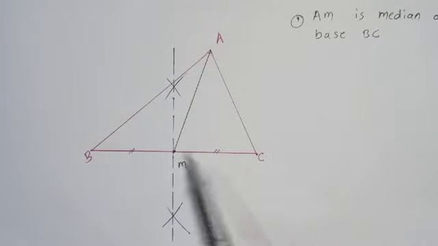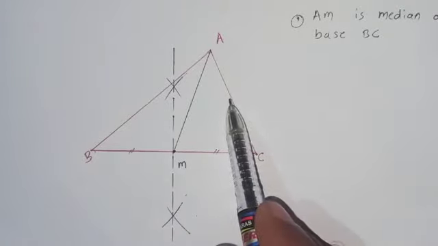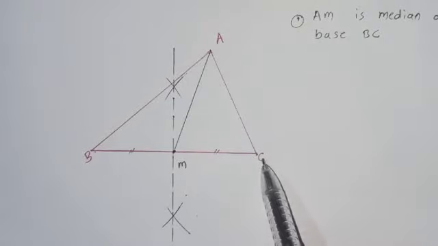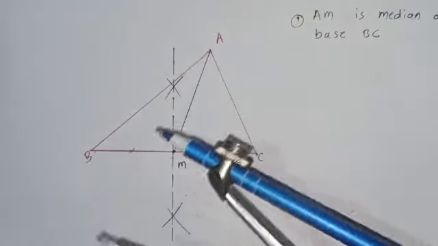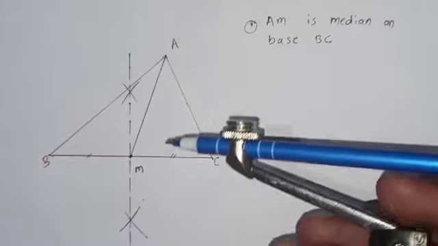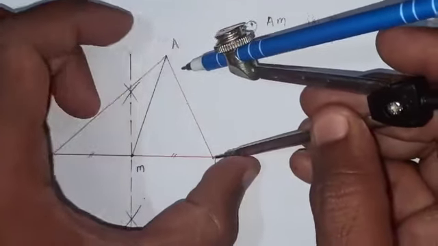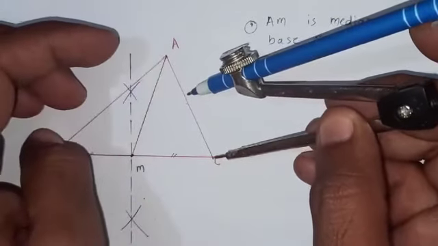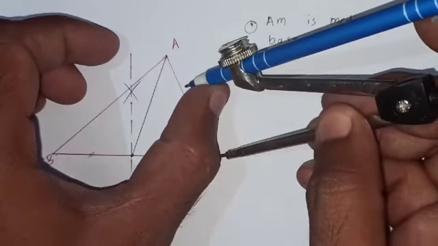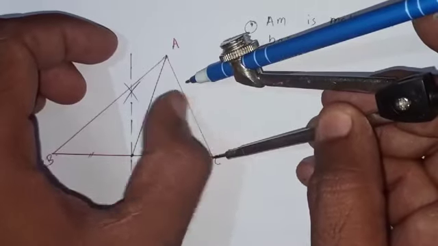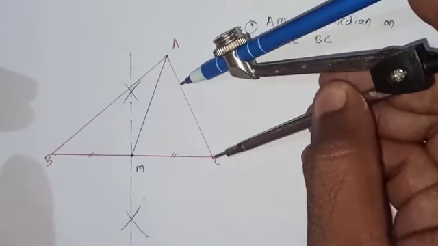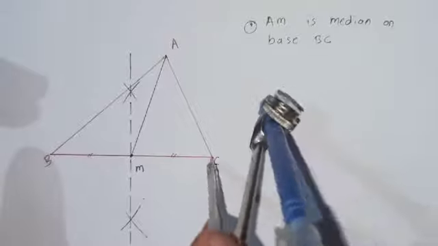For the second median, from point B, if we have to draw a median on base AC, then we have to take its midpoint. Again we will use the compass. We put it on point C, take more than half, extend it, then draw arcs on one side and the other.